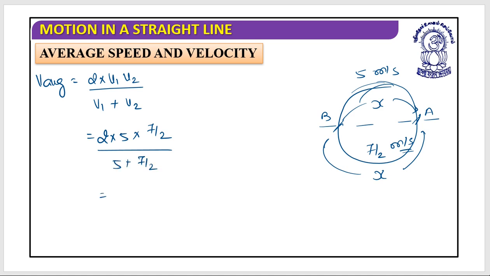So this 2 would be gone. 5 sevens are 35, divided by 5 plus 7 by 2, that is 17 by 2. So this would be 70 divided by 17 meter per second.